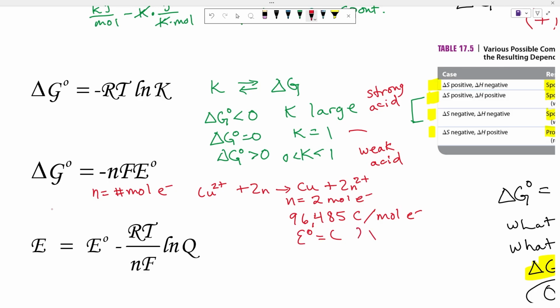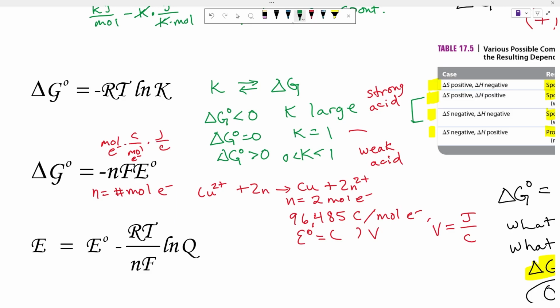in volts. Now we also remind ourselves that a volt is a joule per coulomb. So if we just put our units in here, we have moles of electrons. The Faraday constant is coulombs per mole electrons. And then instead of volts, we're going to put joules per coulomb.